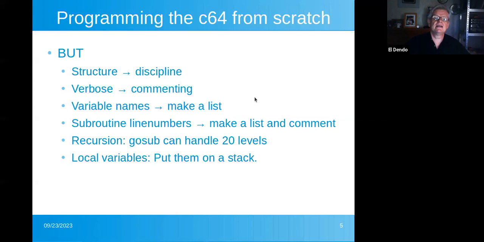Well, it works. Same thing for the line numbers. Also for the subroutines, use a comment. If you call something, add a comment saying what you're doing. Recursion is also not really a problem, because the GOSUB can handle 15 to 20 levels when you're not using much on the machine stack. So it's doable. The only thing left was local variables.